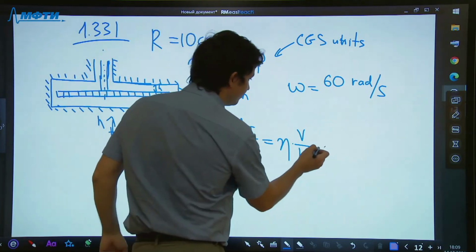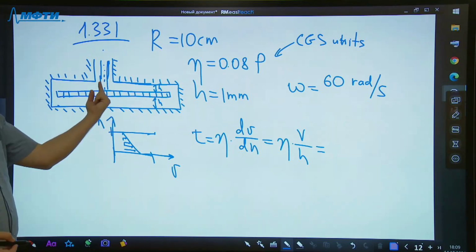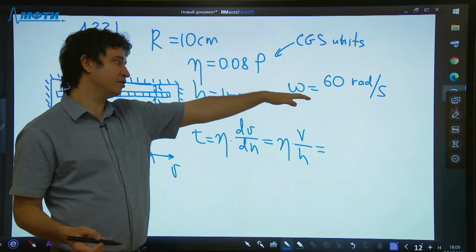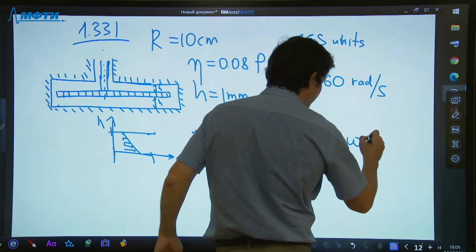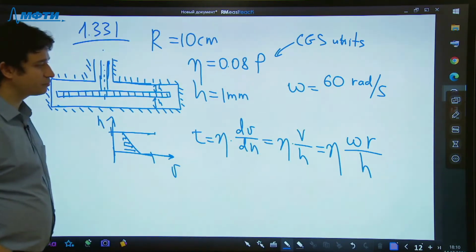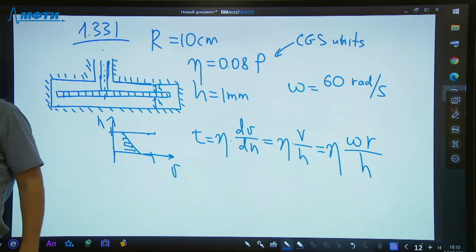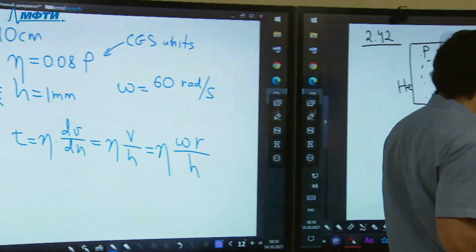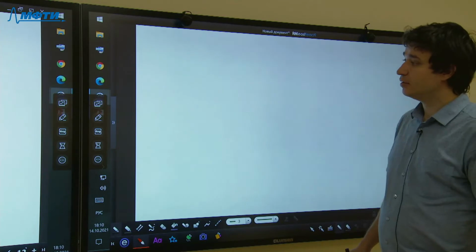This velocity is proportional to the distance from the axis of the disk, because the disk rotates at constant angular velocity omega. So V is the product of omega and the distance to the axis r. That is the shear stress, and we need to calculate the power developed to overcome all of these viscosity forces, or drag forces.